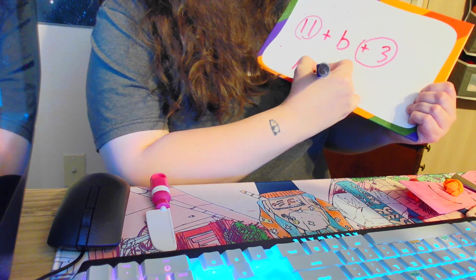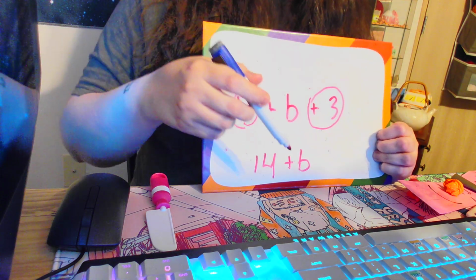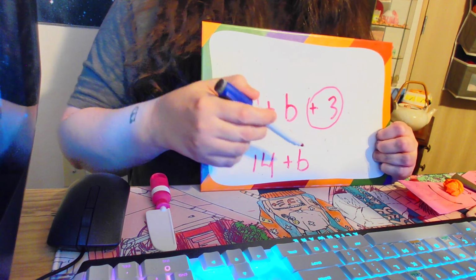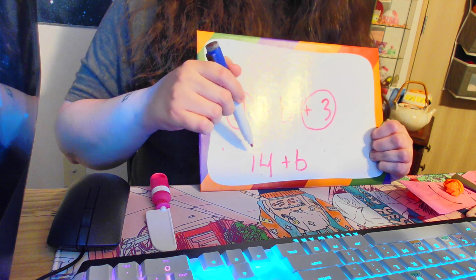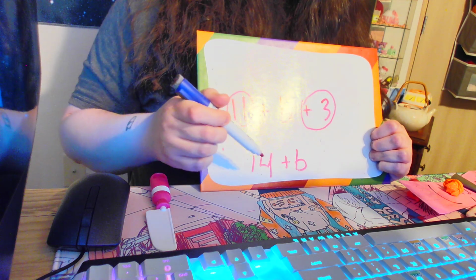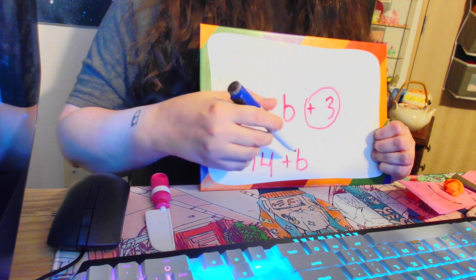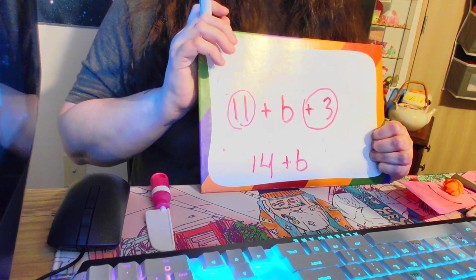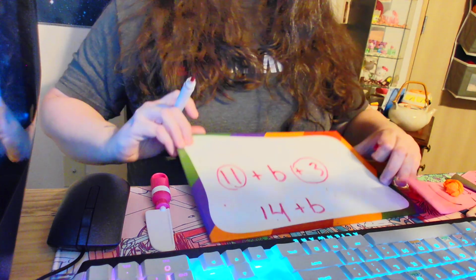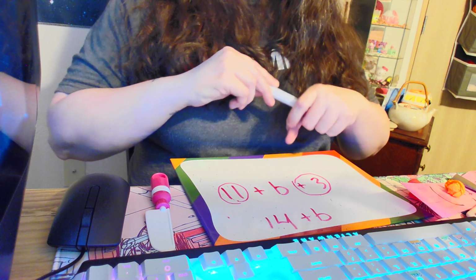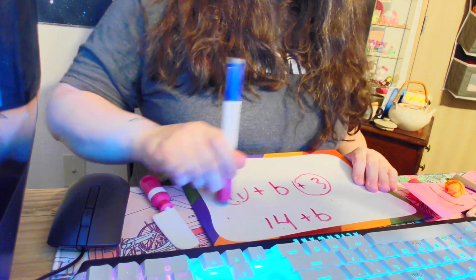Okay? Don't forget to add your plus B at the end. And that's as far as we can go because we can't add knives with our bears. We can't add our silverware to our food. Okay? So it's going to be 14 plus B, and that one's all done. That's very good.